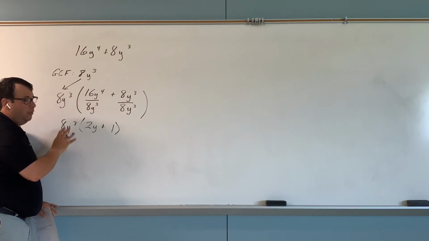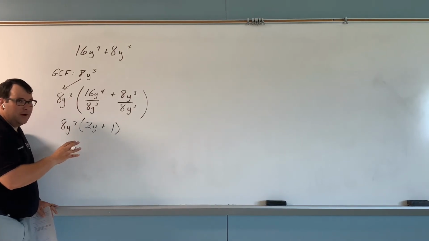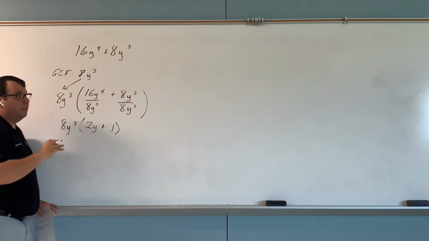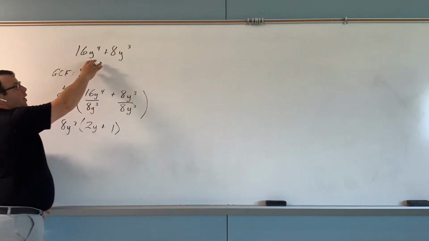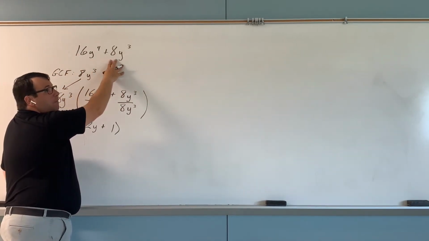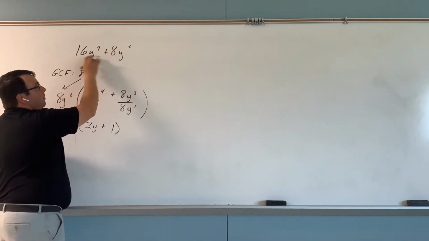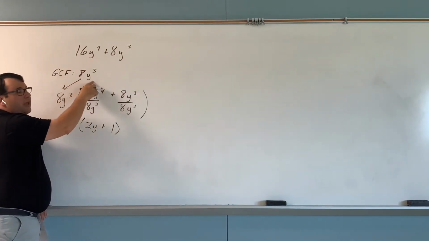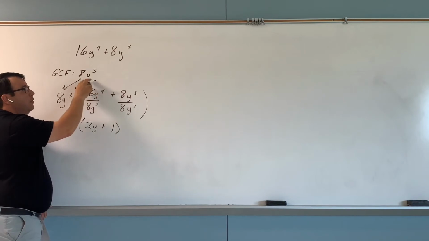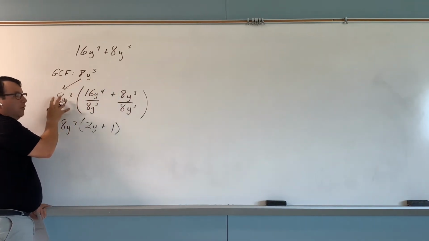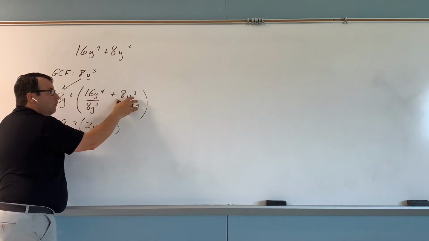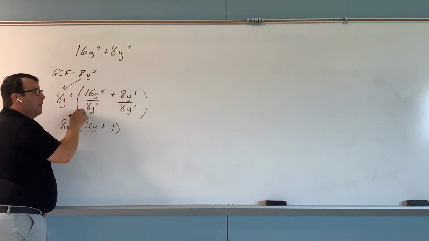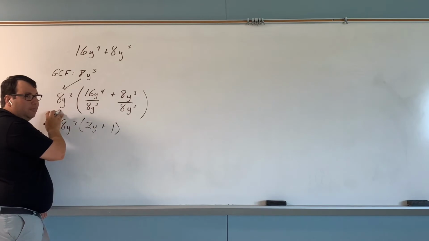Now, I know there's a lot of information that we need to process there, so I'm going to recap this one problem before jumping into another example. This is our original statement, 16y to the fourth plus 8y cubed. We said that what is common between these terms is 8y cubed. Now, if we take 8y cubed out from each of those terms, we pull it off to the side, and then we divide the individual terms of our polynomial by that GCF that we've pulled out.